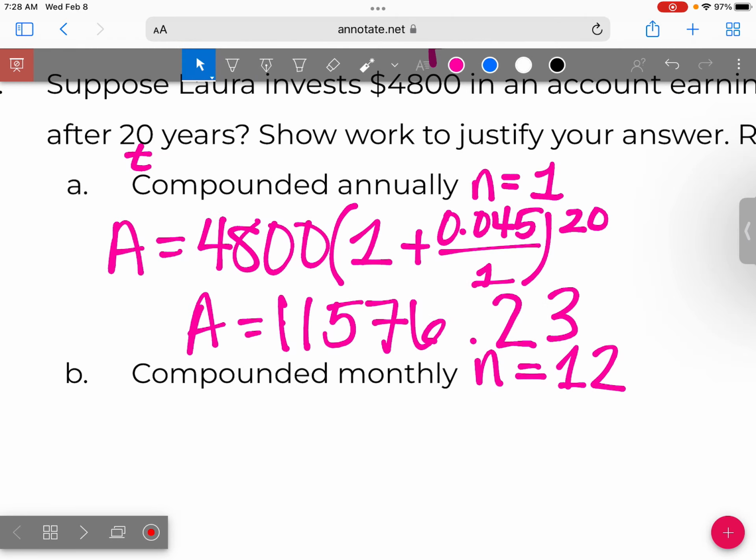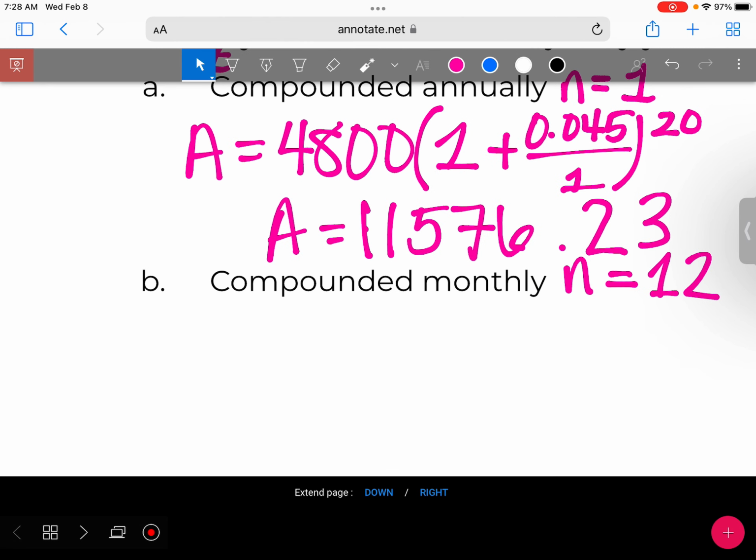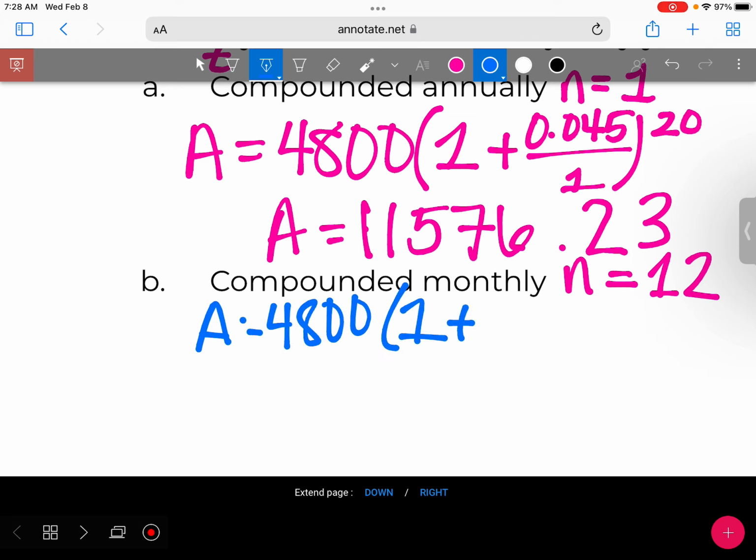Compounded monthly. Just fill in our equation again. A equals 4,800 times 1 plus 0.045 over 12, to the what power? 12 times 20, which is 240 if you want to know it beforehand, but type it in your calculator.